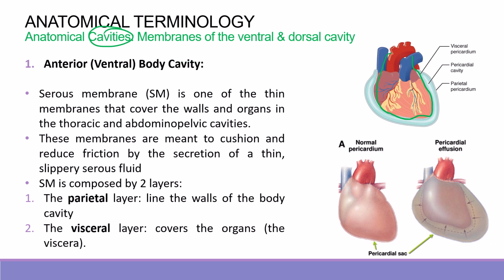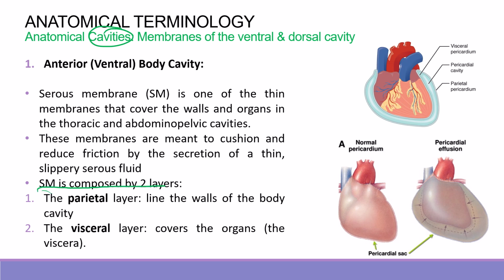Instead, the heart is covered by a membrane, and the name of those membranes is the pericardium. This is something that applies to the lungs, to the stomach, to all the organs. So if it's in the thoracic cavity, you have lungs and heart, and the organs are wrapped by membrane. In the abdomen, they're called peritoneum, but it's the same thing. These membranes are the ones that wrap the organs.